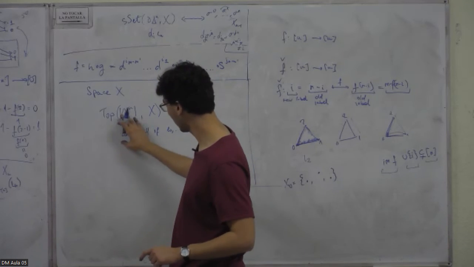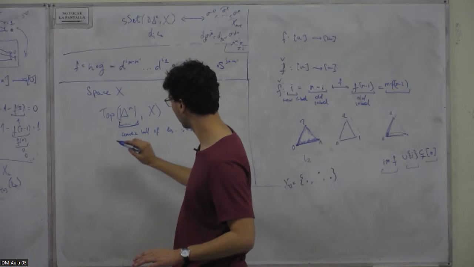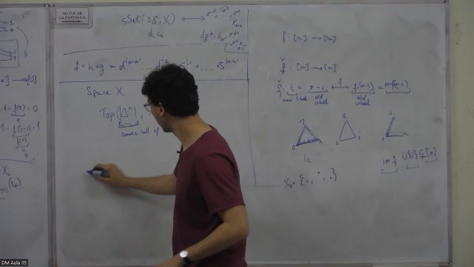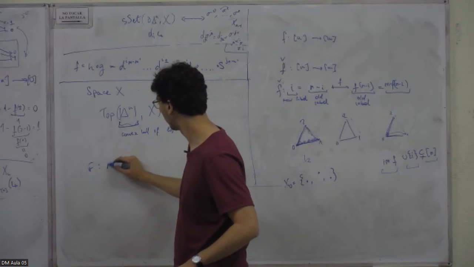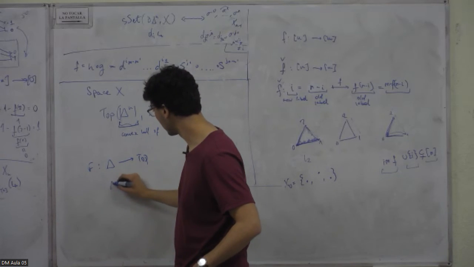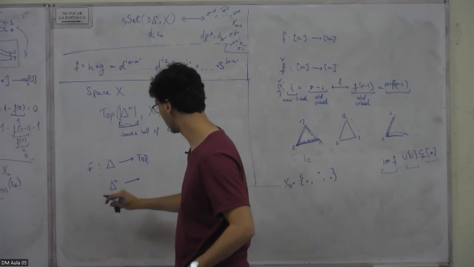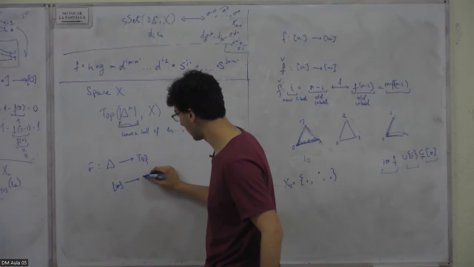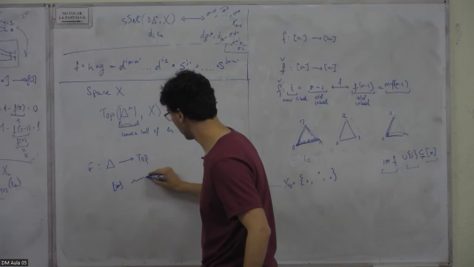And you have a functor f which goes from the simplex category to Top, which for each n gives this guy.